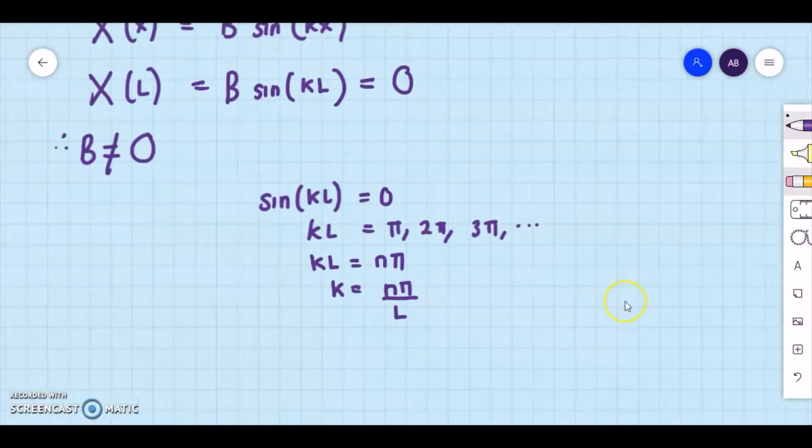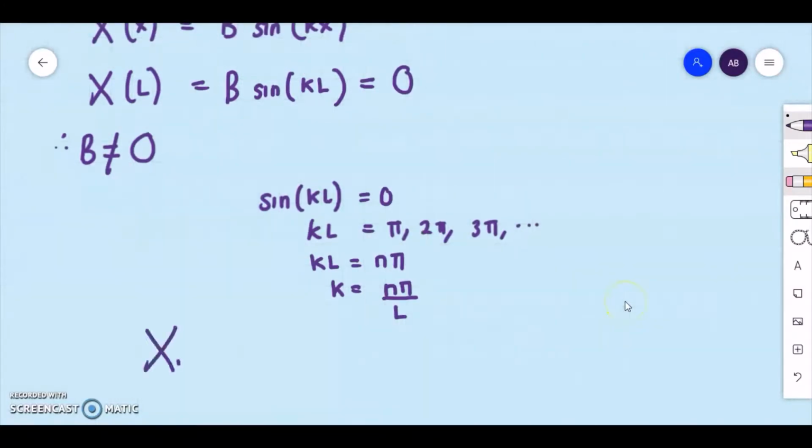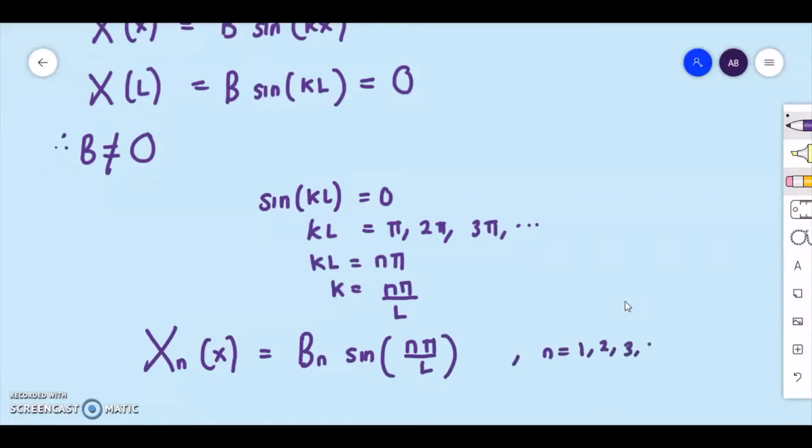Therefore, we have obtained our solution, which is Bn sine n pi over L for n equals 1, 2, 3, 4, and so on. By right, we should write it in terms of summation.